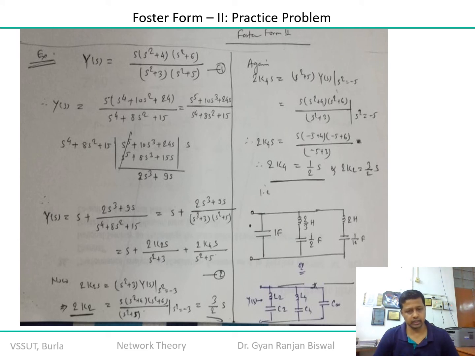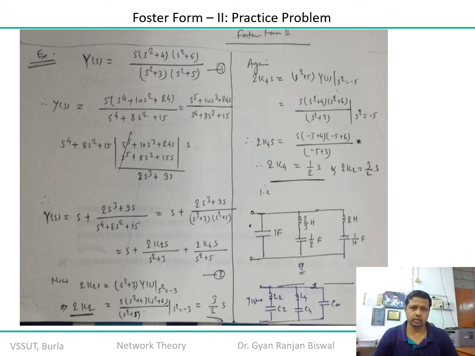Apply the partial fraction rule, try to find out the values of k0, k2 and k4. Okay. So if you do that, for the values of 2k2 and 2k4, I hope 2k2 you are getting is 3 by 2 into s, and 2k4, I'm sorry, you are getting 1 by 2 of s, and in this way the k0 you are getting is 1 by 1, that is equal to 1 farad, right?